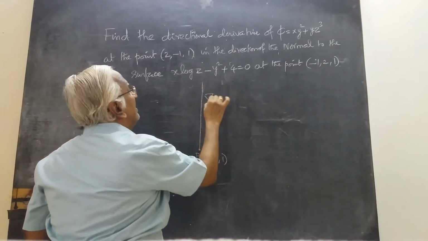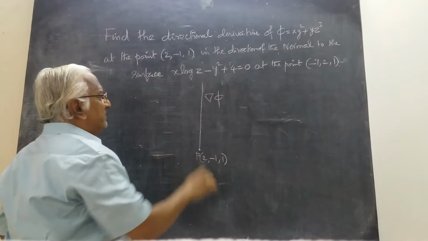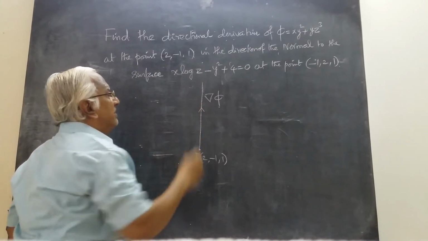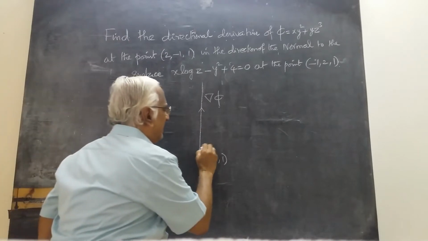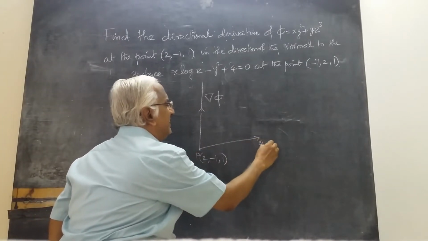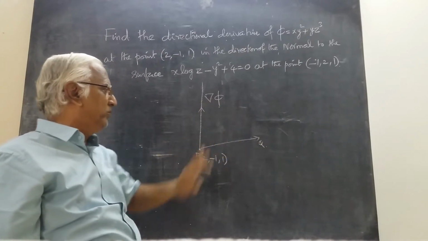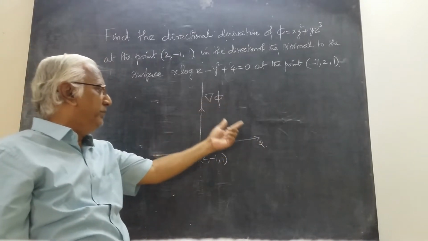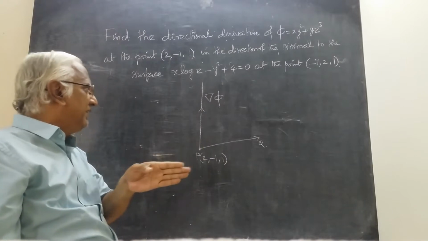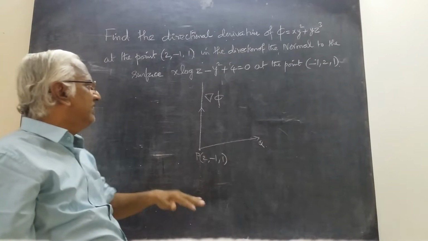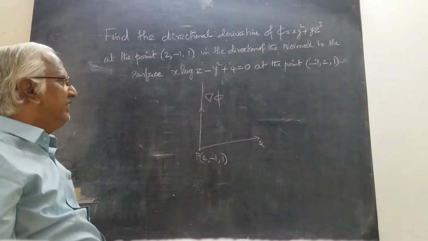Del phi is the maximum directional derivative. If in the direction PQ, what is the change? Directional derivative in the direction PQ is del phi dot PQ unit vector. Along the x-axis, del phi dot i. Along the y-axis, del phi dot j. Along the z-axis, del phi dot k.